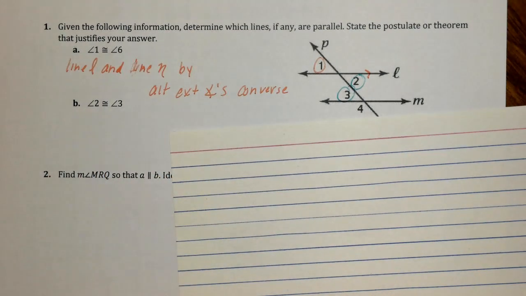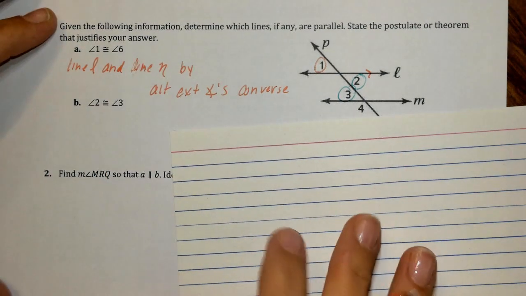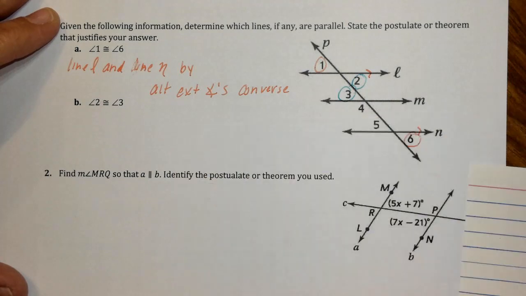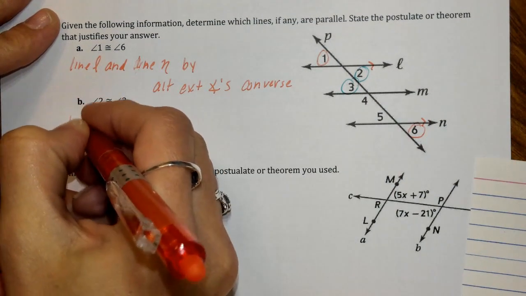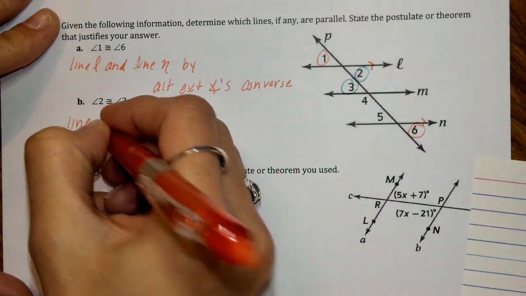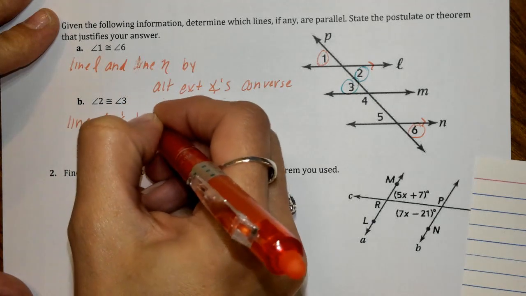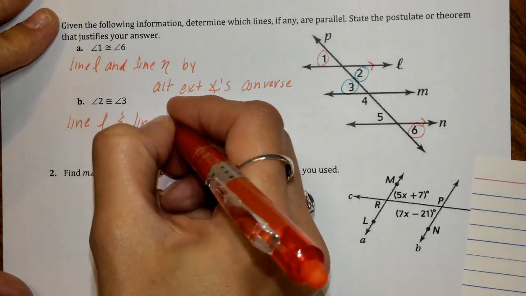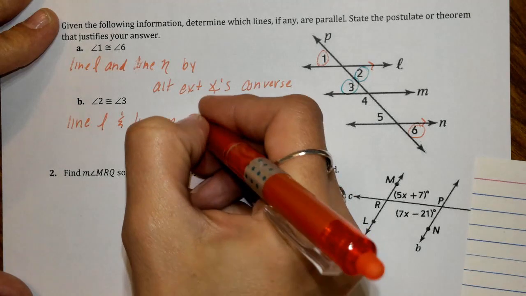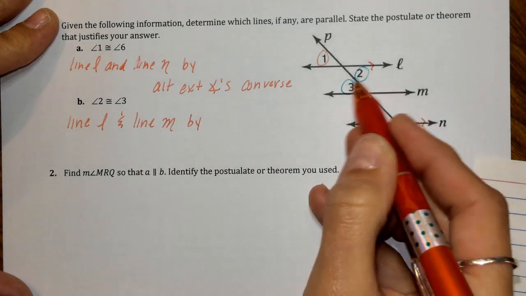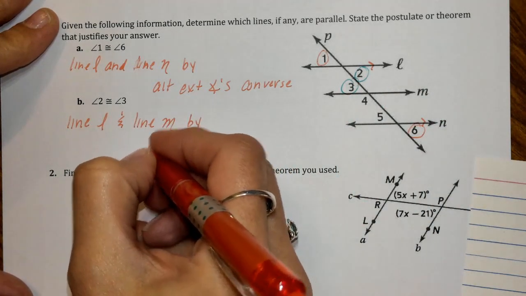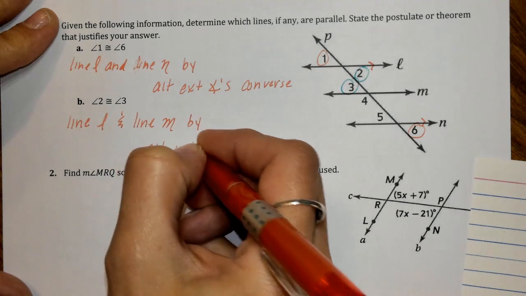So we have alternate interior angles. Therefore, since they are congruent, we can verify that line L and line M are parallel by your alternate interior angles converse.